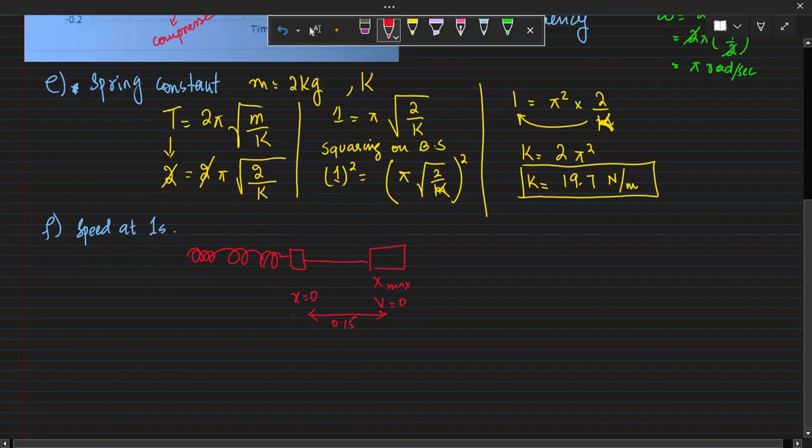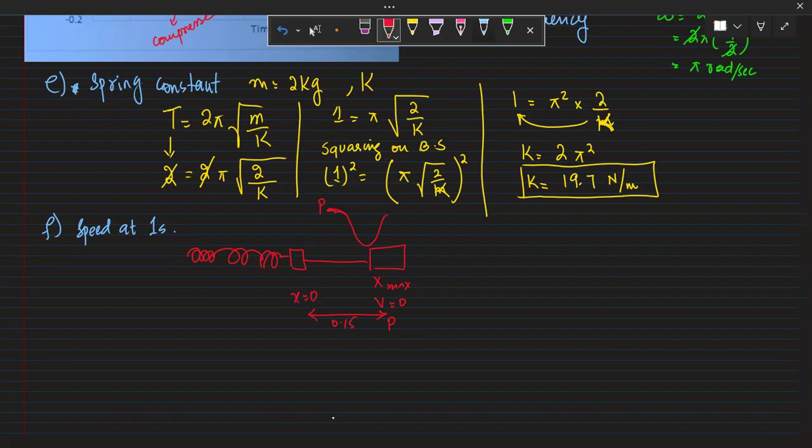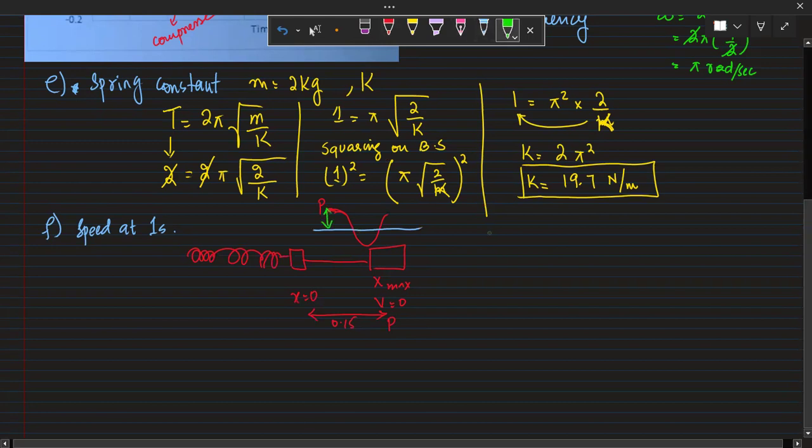In the graph, at this point, let's say this is point P. So we're going to call it point P here, and the distance the graph has from the reference line, let me draw the reference line here, is going to be 0.15. This distance is from the equilibrium point, which is 0.15, and we took it from the graph, right?